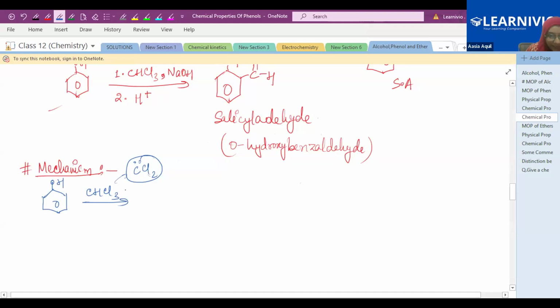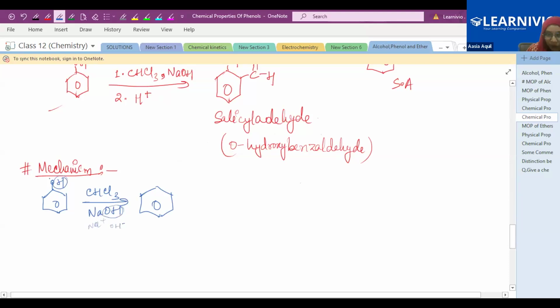When you add CHCl3 in the presence of a basic medium, you are adding aqueous NaOH. So what happens? When you give NaOH, it will dissociate into Na plus and OH minus.